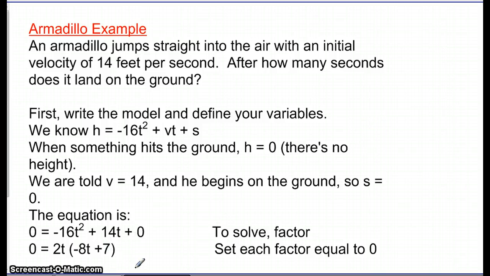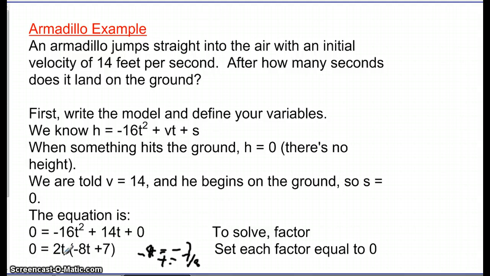So let's do that. If negative 8t plus 7 equals 0, then negative 8t equals negative 7. So t equals 7/8. 7/8 means 7/8 of a second.